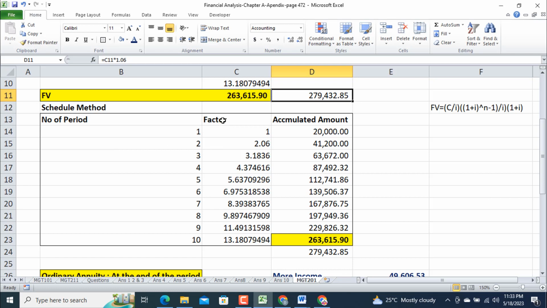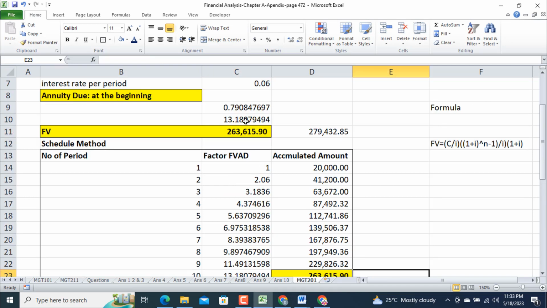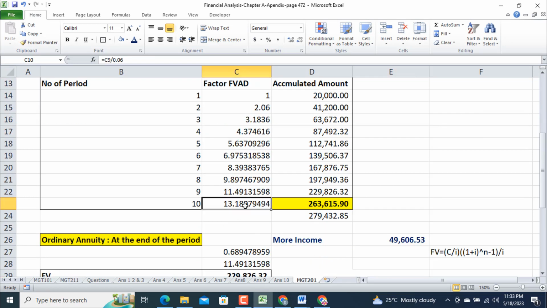The same procedure has been adopted in the schedule method. This is a factor FVAD, future value factor of annuity due. So what will happen here? Look at this. Except C, I'm going to use the rest of the formula here. Look at this for your comparison: 13.18 at the end of the last period, the 10th period, the same amount I have given.